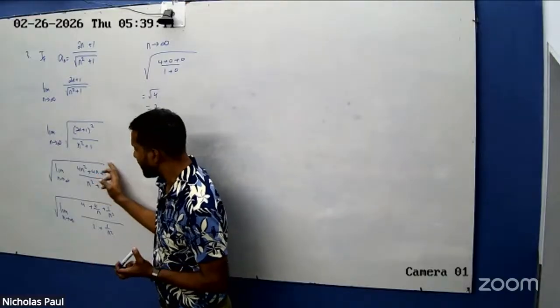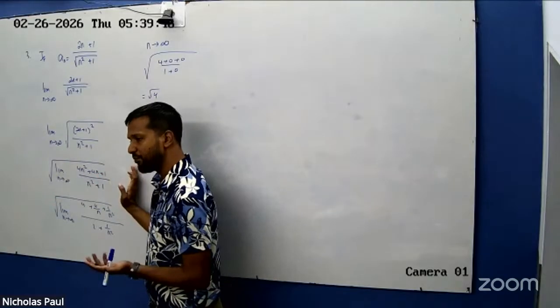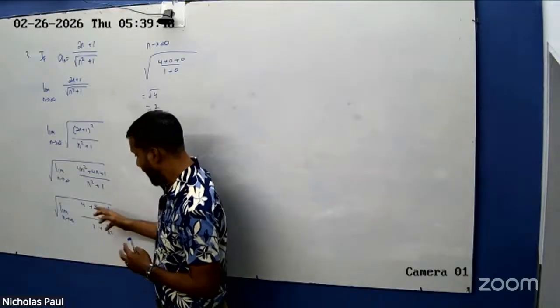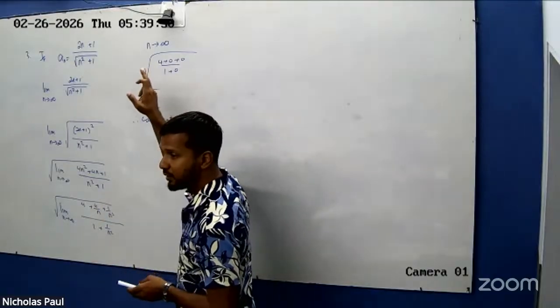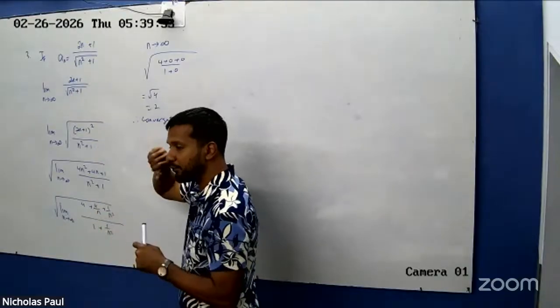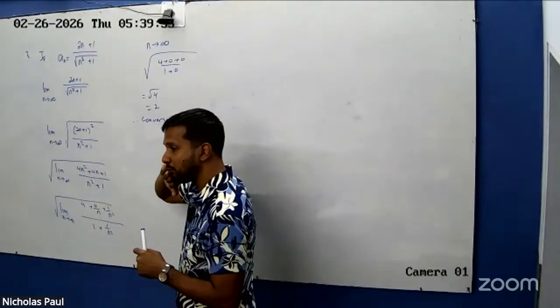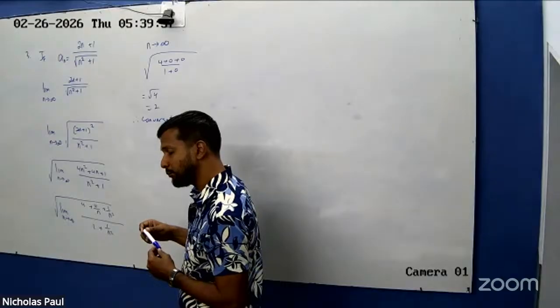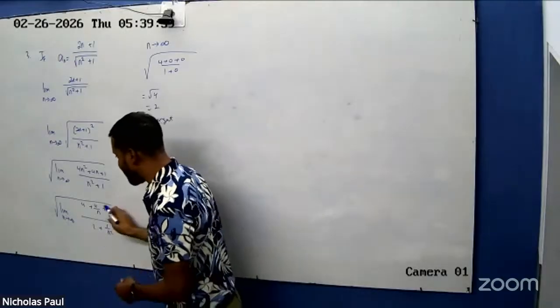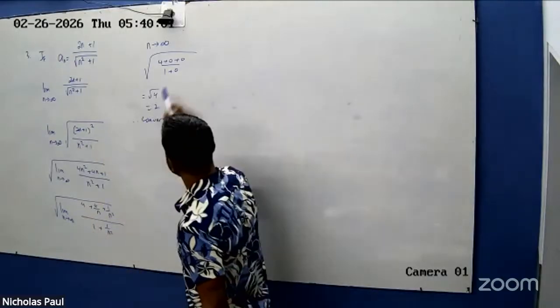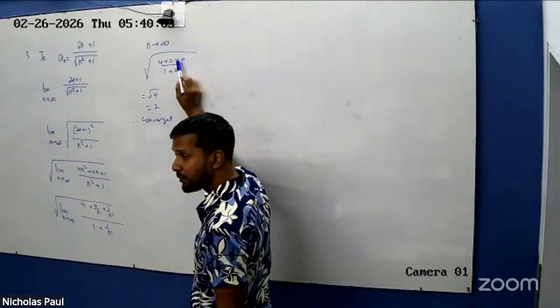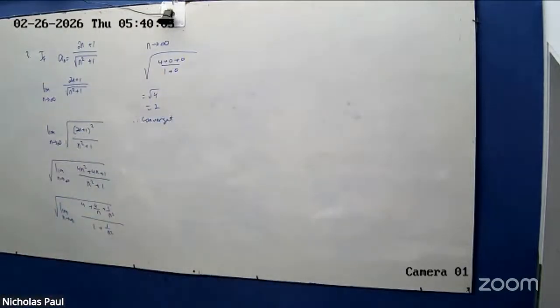So if you want, instead of writing square root, you put it to the power of a half, that could work. But at the end of the day, the square root sign is the power of a half, still there. So you will get this to the power of a half, you'll get this to the power of a half.